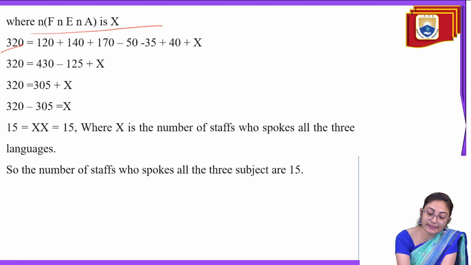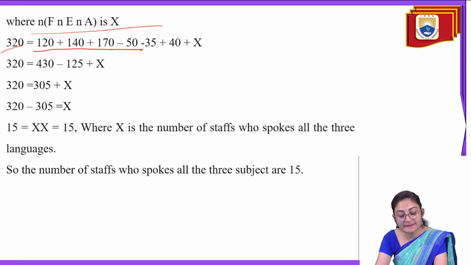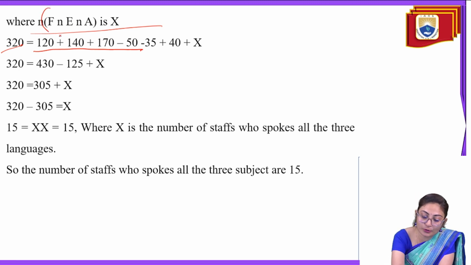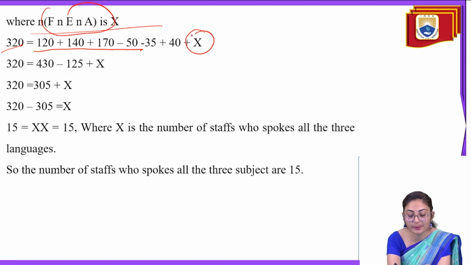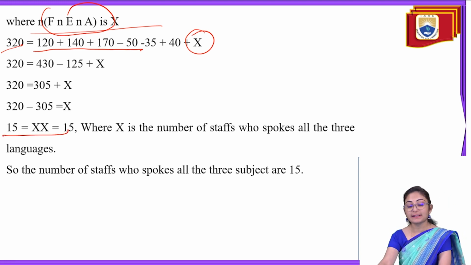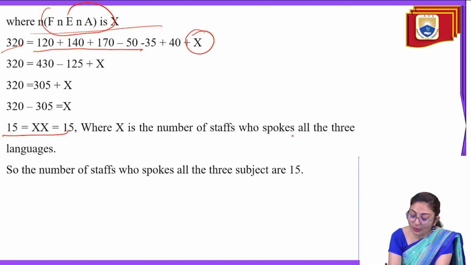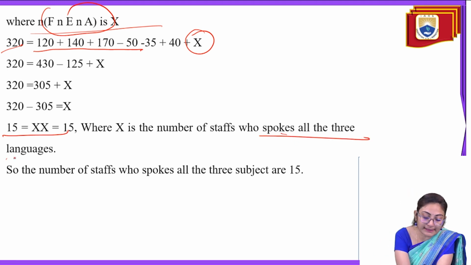So 320 = 120 plus 140 plus 170 minus 35 plus 40, and this value you have to find out. So we are keeping here as x. After solving, you will get the value x is equal to 15, and x is the number of staff who speak all the three languages.